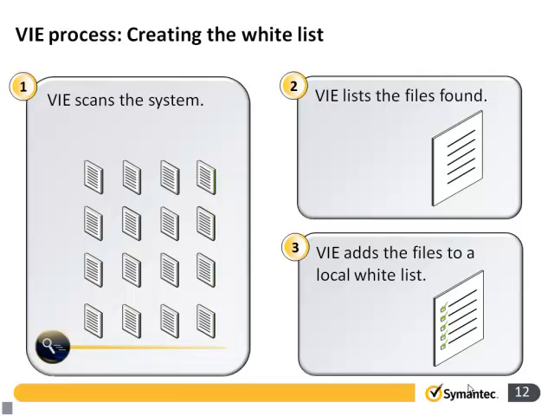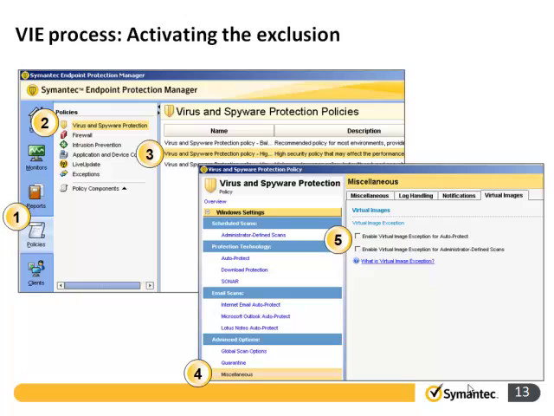The VIE list files then are found, and we add those files to the local whitelist. Then on the SEPM, we can set up certain exclusions. We're doing this within the policies page and selecting the virus and spyware protection policy. And under the miscellaneous section, we can enable the virtual image exclusions.